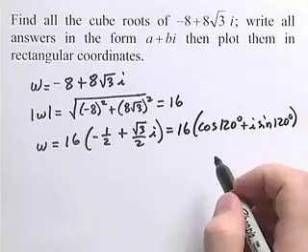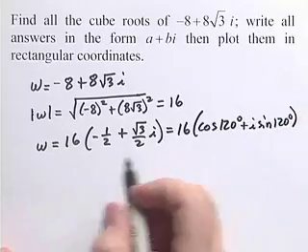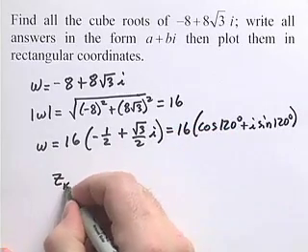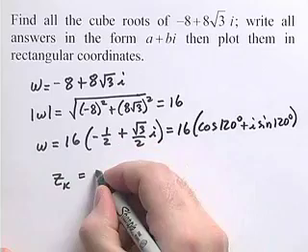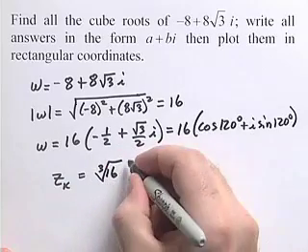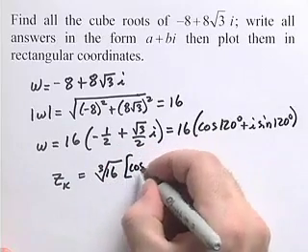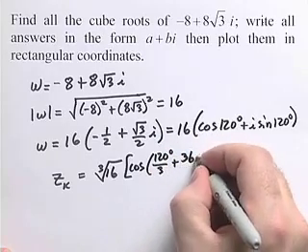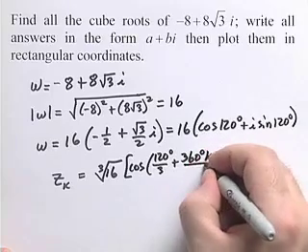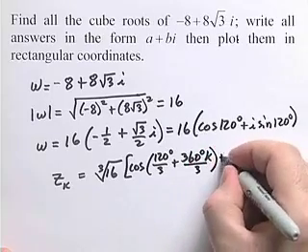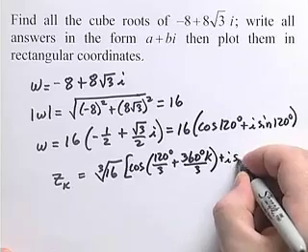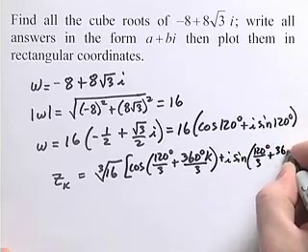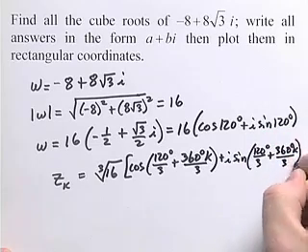Now we have our polar form. Using de Moivre's theorem, the three distinct third roots of w are going to be given by z sub k equals the cube root of 16 times cosine of 120 degrees over 3 plus 360 degrees times k divided by 3, plus i times the sine of 120 degrees over 3 plus 360 degrees times k over 3.